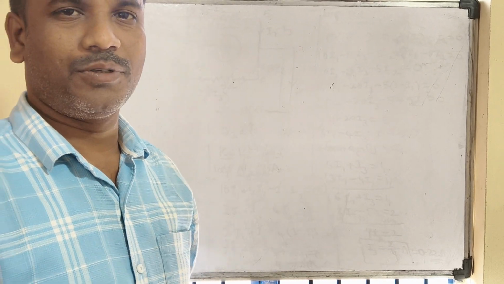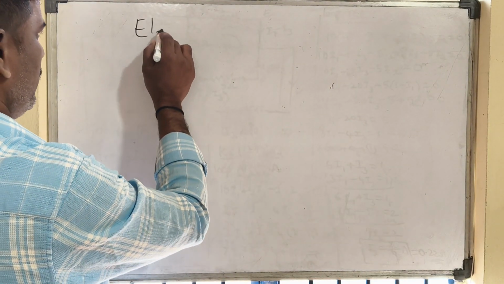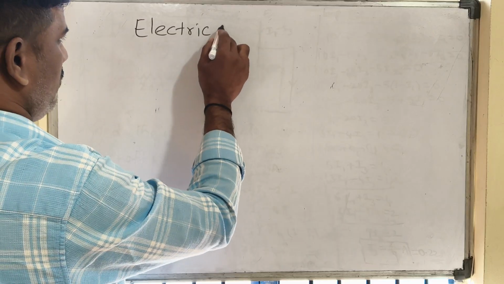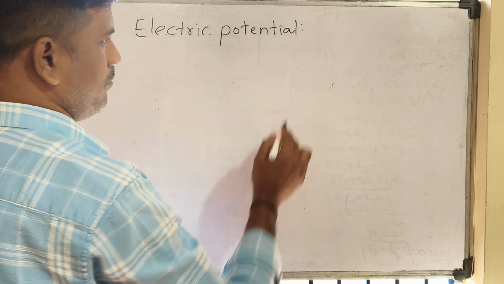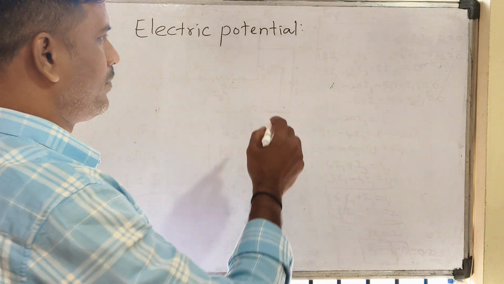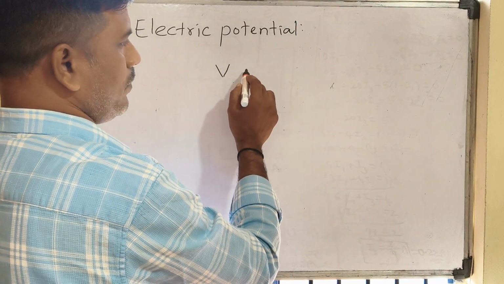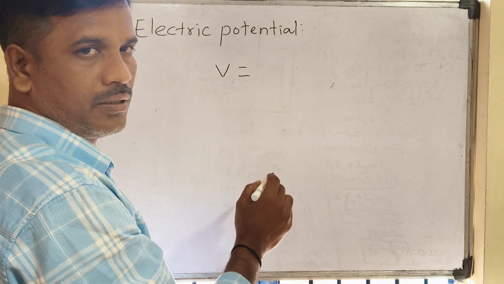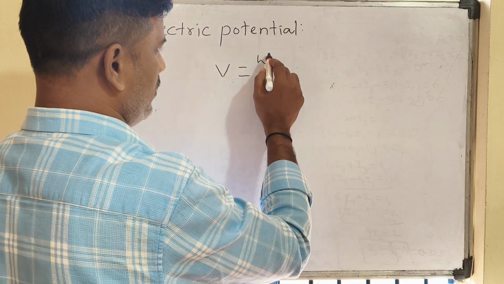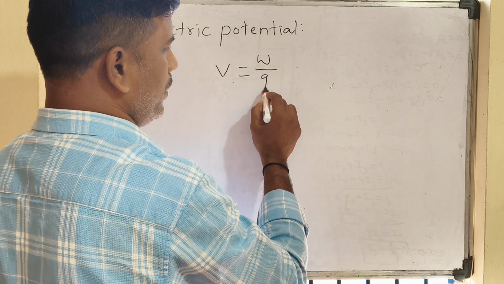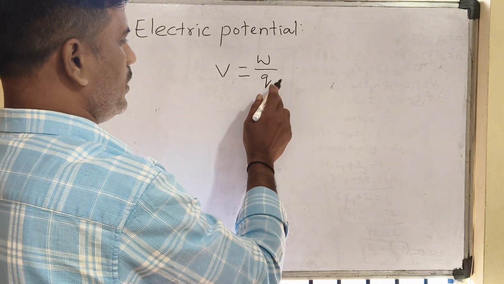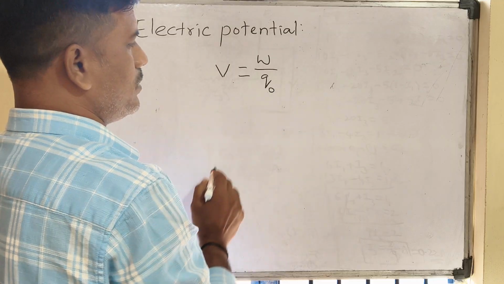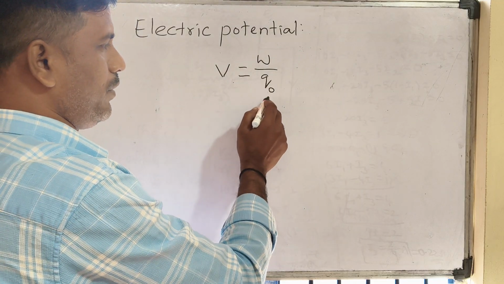Today we are going to discuss electric potential. Electric potential is denoted by the letter V, and it equals the external work done per unit positive test charge. The unit positive test charge is denoted by Q naught.